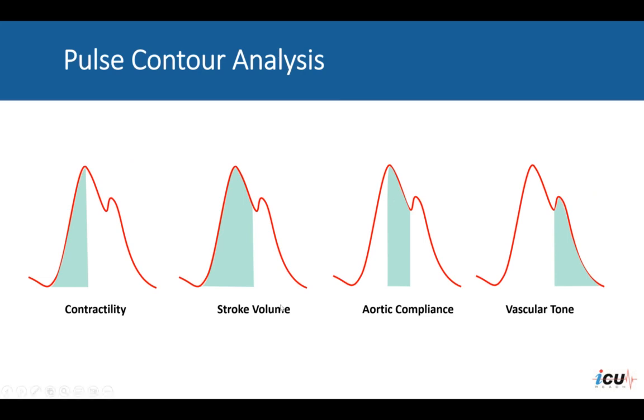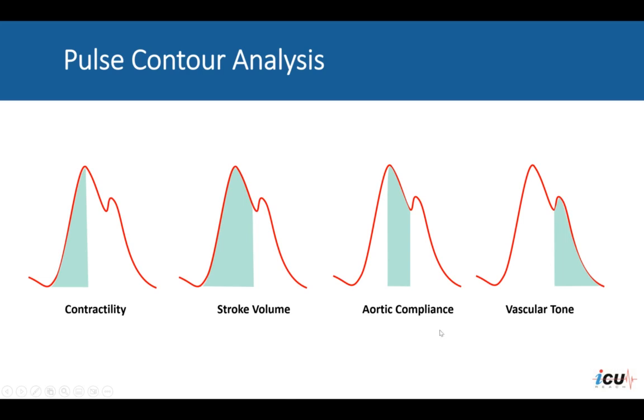You can get information about the contractility by looking at the peak pressure and the increase in the stroke. You can get information about the stroke volume by looking at the area under the curve from the beginning of the stroke till the dicrotic notch.